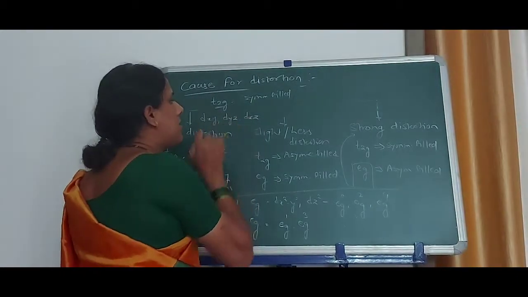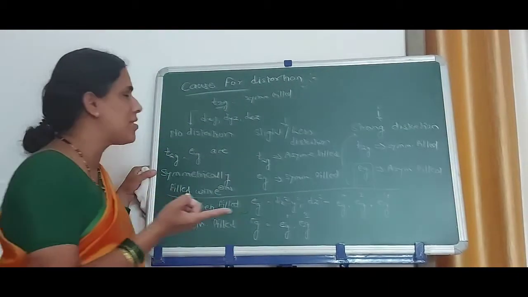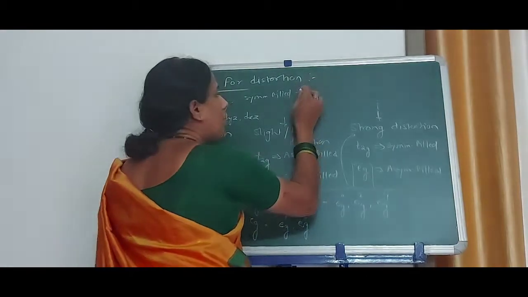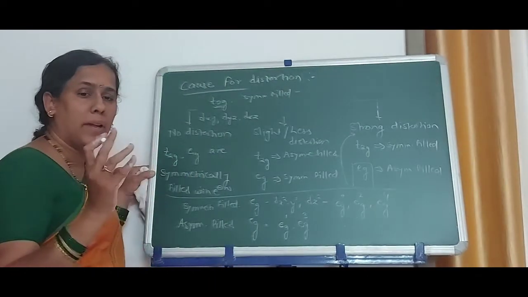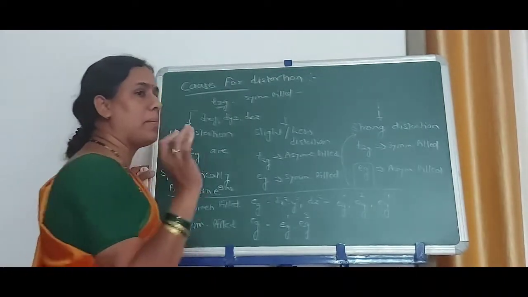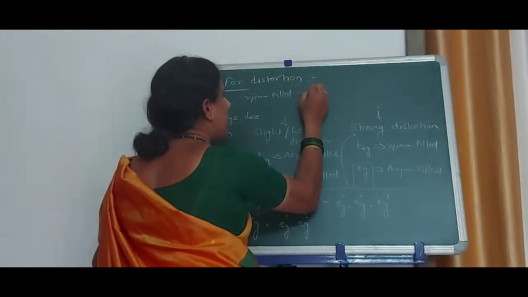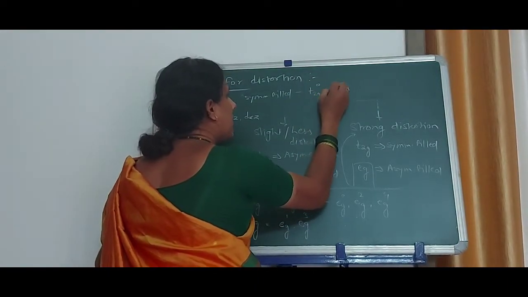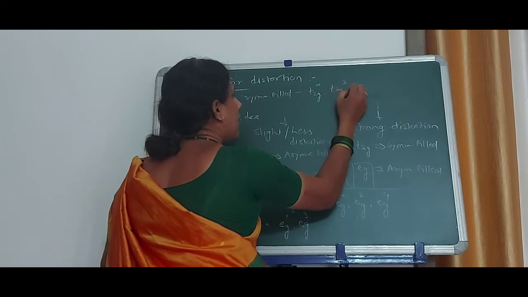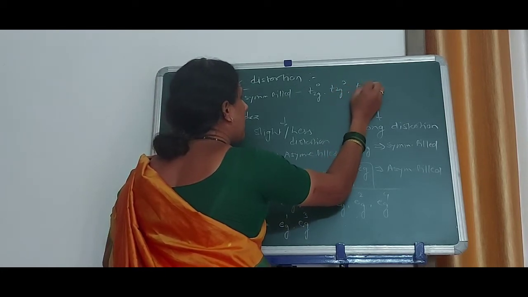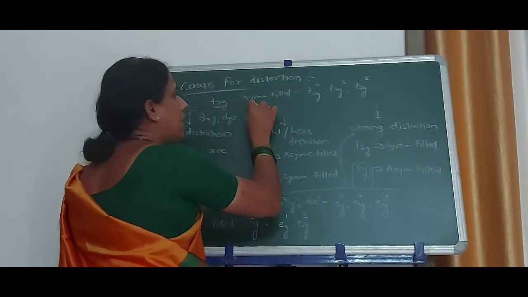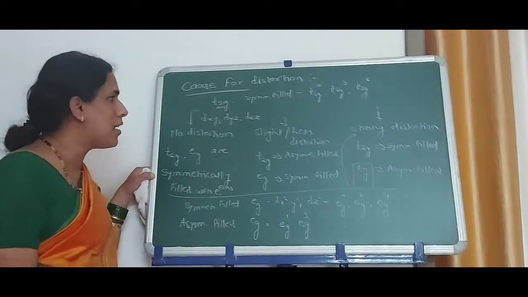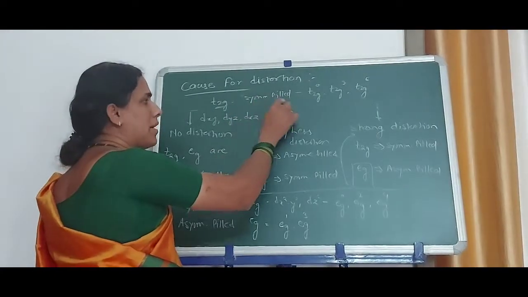How many orbitals? There are 3 orbitals. How many electrons? 6 electrons. Therefore, we have to consider here empty, half filled and completely filled. That is T2g 0, T2g 3 and T2g 6. When this condition is fulfilled with electrons, these orbitals are called symmetrically filled.